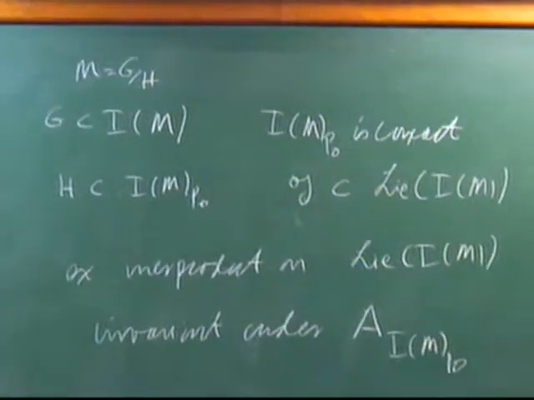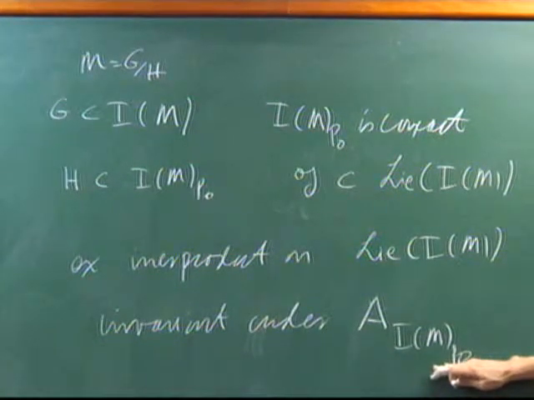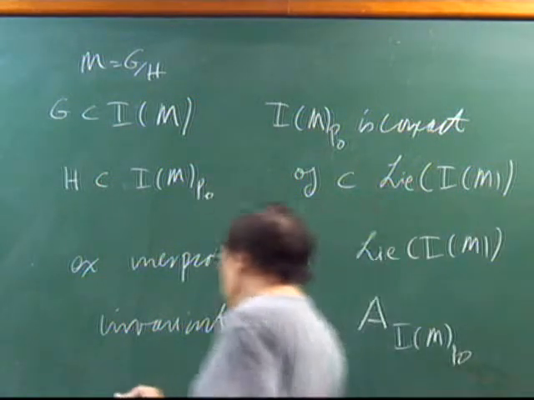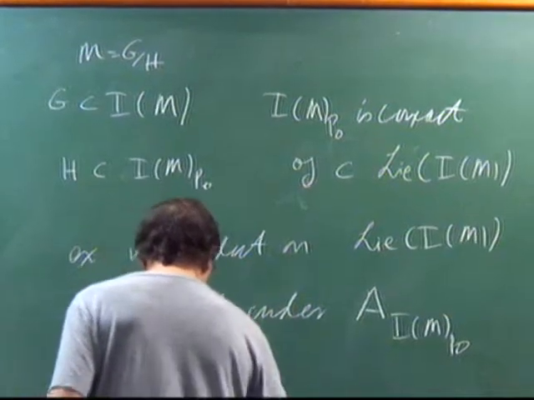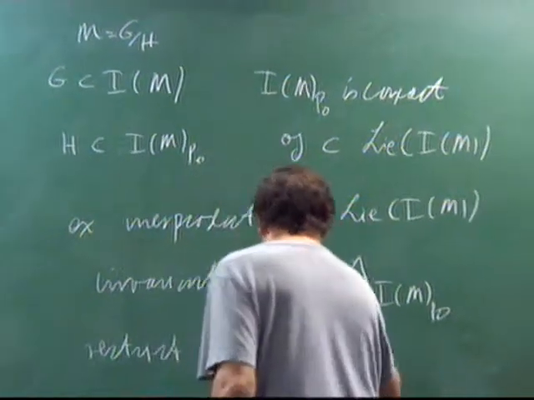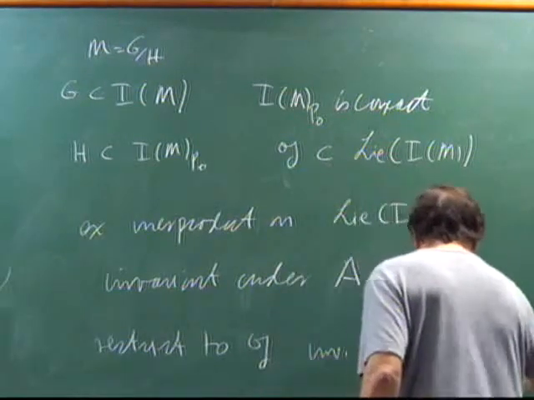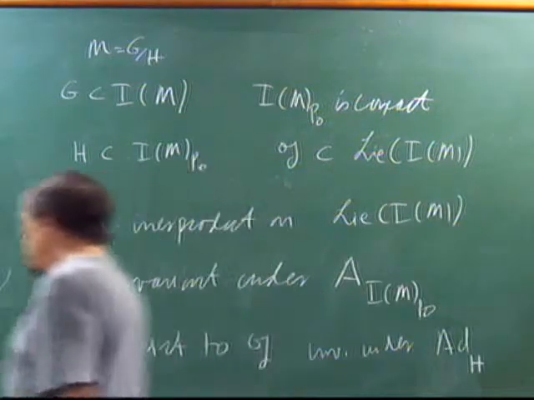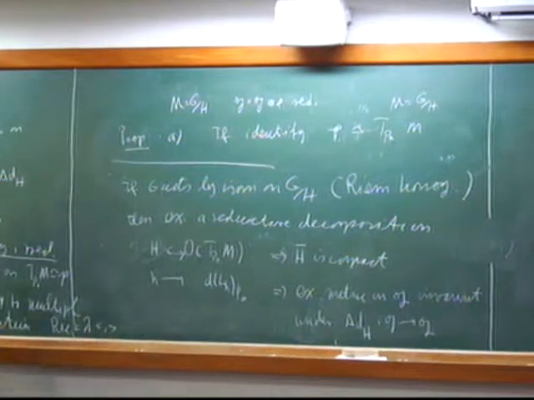So take any inner product on this Lie algebra and average over this bigger stabilizer. Now it becomes invariant under Ad, and now restrict to G. And this is then invariant under Ad H, because H is smaller than the stabilizer in the full isometry group. So there's an easy way to get around this technical point that H in here may not be closed.